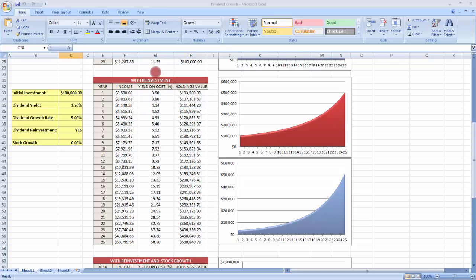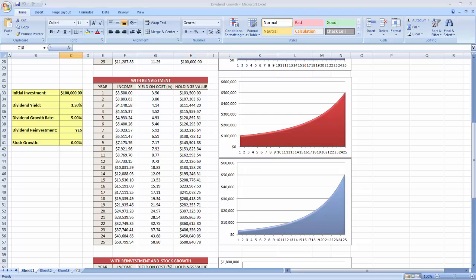Our previous example grew to about 11.5% yield on cost. This one grows to a 50% yield on cost. That initial $100,000 investment at the end of 25 years not only is worth $500,000, or 5 times, a 500% increase, but you've got a $50,000 annual dividend income stream and growing. So we can see the difference here.